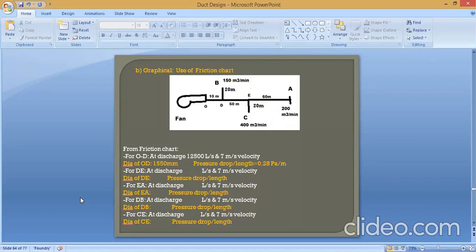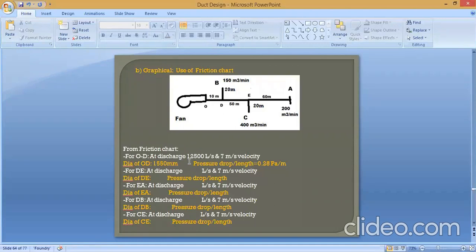And in this particular section, first, to determine the diameter of OD, we have plotted the discharge of 12,500 liters per second and 7 meter per second velocity, which is the constant velocity. You can observe that at the section OD, the total air that this duct needs to handle is 150 plus 400 plus 200, so that comes to be 750 meter cubes per minute.